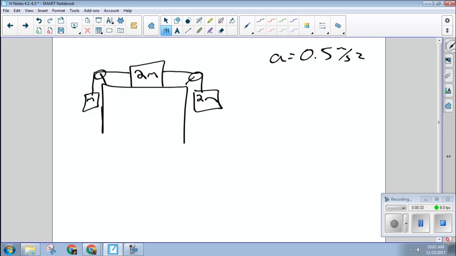All right? So, option 1 is to make a separate free body diagram for each of the objects. Okay? And then work backwards and figure out the force of friction on the middle block. All right? But the problem with that is if you do that, there are 3 unknown forces. So you need to set up a system of equations.